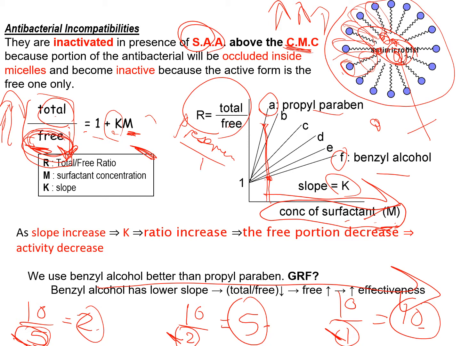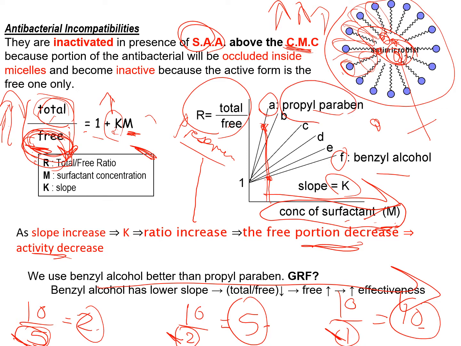You know, when the line is more vertical, the slope is higher. If the slope is higher, K is higher. If K is higher, total over free is more. If total over free is more, the free fraction is less and activity is less. So propyl paraben is relatively not good compared to the others.